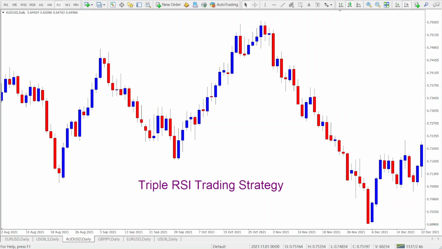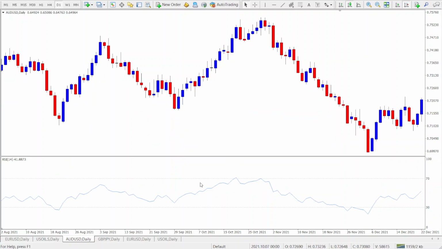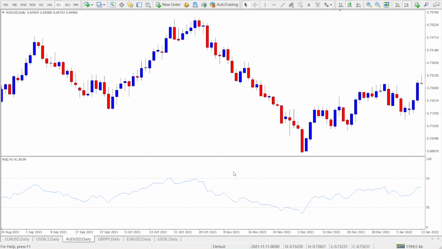Now, first off, let's quickly recap what the RSI is. I'm going to start by adding the RSI to the chart and explain what it is. The RSI is a momentum oscillator that measures the speed and change of price movements. Typically traders use the RSI to determine if a market is overbought with levels above 70, as we can see here, or oversold with levels below 30.